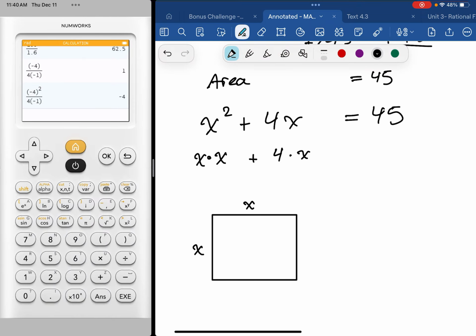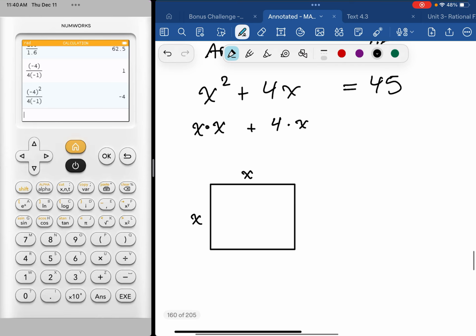The problem is, based off of the scale, I don't really know what 4 is equivalent to. I know 4 is the number 4, but what does that look like in terms of an actual rectangle? So we would establish some length to represent x. Fortunately, we already have that.